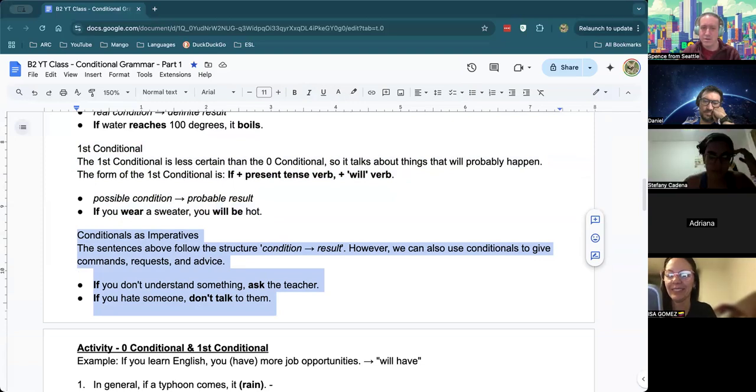Conditional as imperative. The sentences above follow the structure condition, result. However, we can also use conditionals to give commands, requests, and advice. Examples: if you don't understand something, ask the teacher.